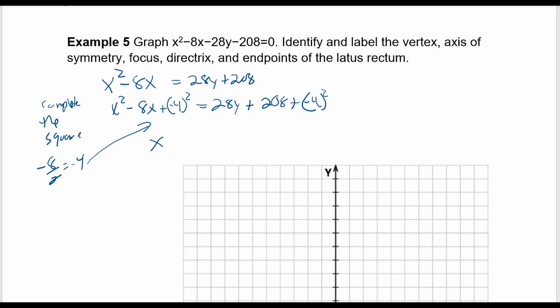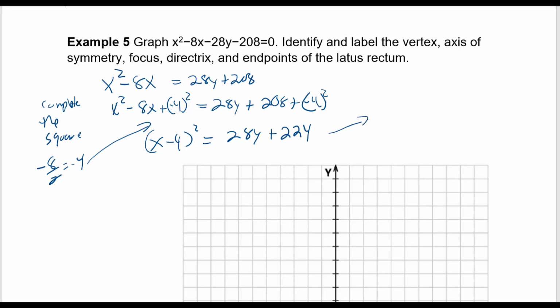So this is x minus 4 squared equals 28y plus, so 208 plus 16 should be 224. And I can factor out 28 from both these terms.